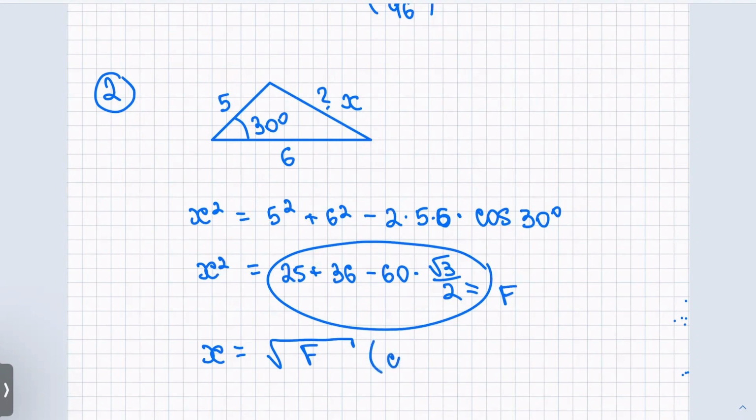And then it will be some centimeters or meters, that does not matter. It depends on what the measurements of these sides are. Is it given in centimeters or meters? It doesn't matter. That's it, dear students.